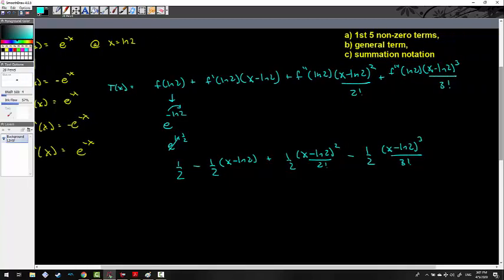And then I got 1, 2, 3, 4 terms. My fifth term is going to be plus another 1/2, I would suspect, and then (x - ln 2)^4 over 4 factorial.